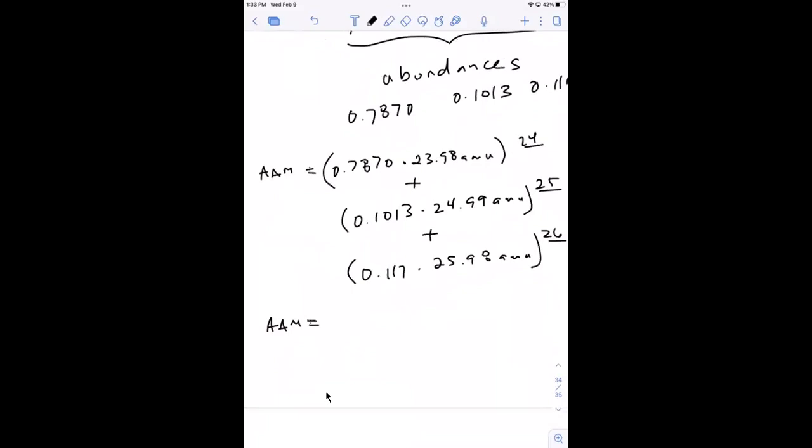Wait a minute now, is that the whole thing, or is that for that isotope? It's 0.7870 times 23.98. It should be less than 23, because it's like taking a percentage of 23. So it'd be 78% of that, so it should be less.